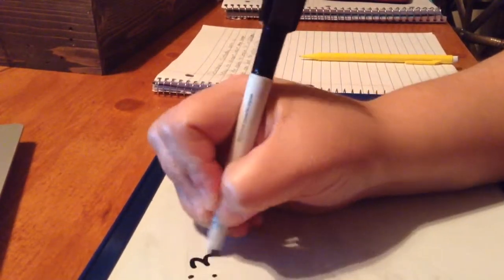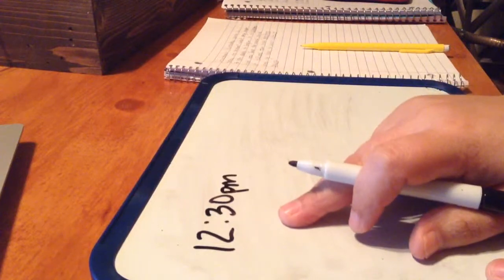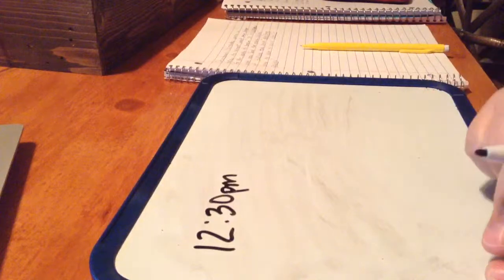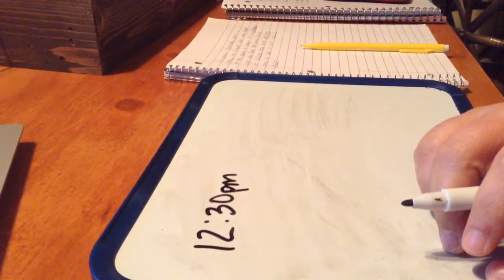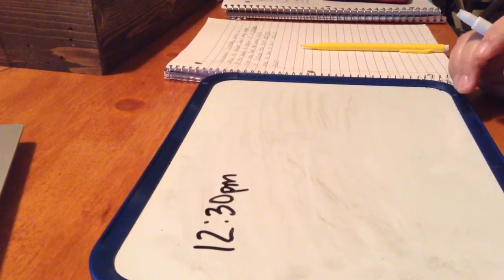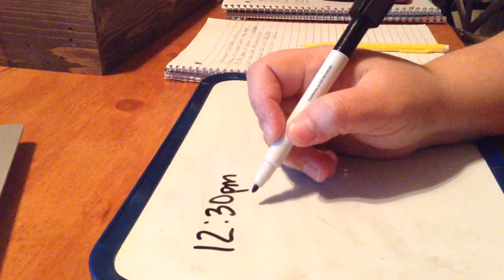With 12:30 as the beginning time, what we want to do with our 60 approach is change that 30 to make it 60 to get the additional hour, because 60 minutes equals 1 hour. So we're going to do 30 minutes to get to 60, because we already have 30 right here.